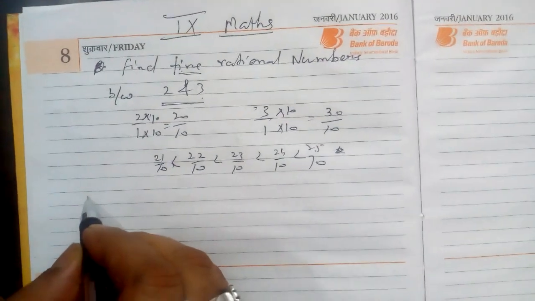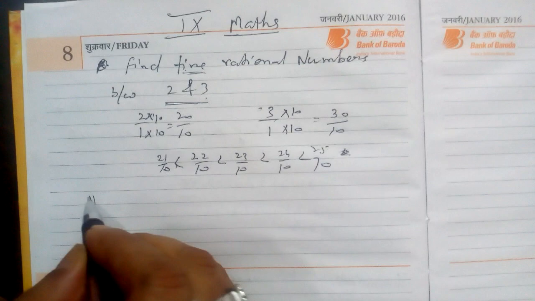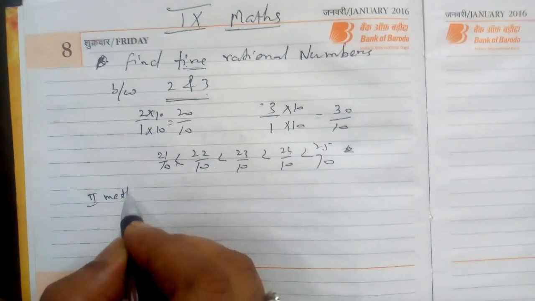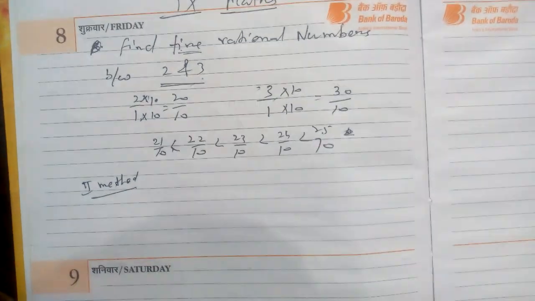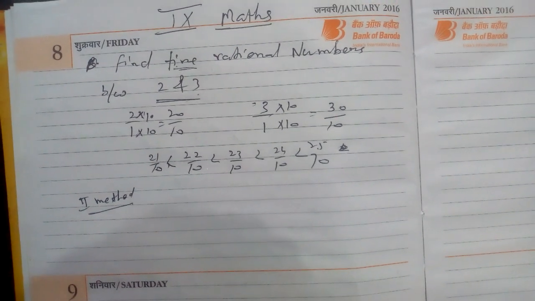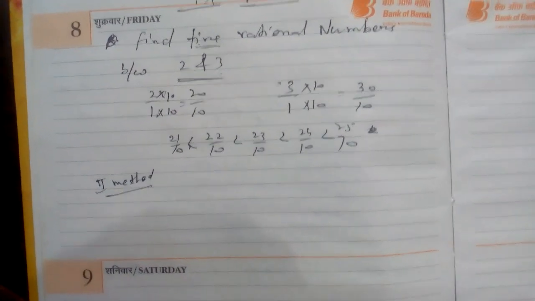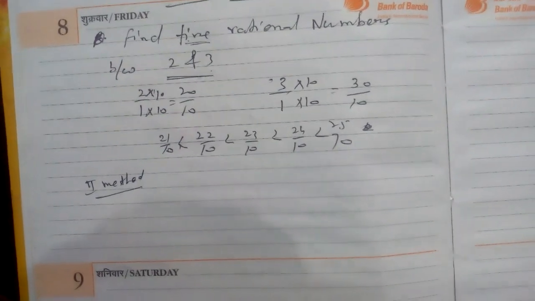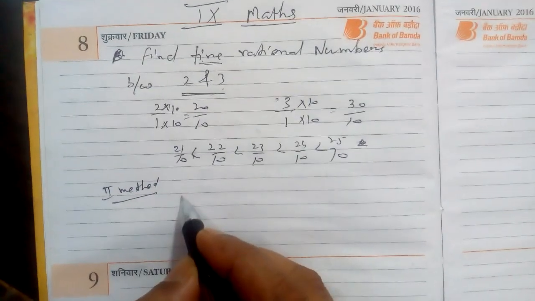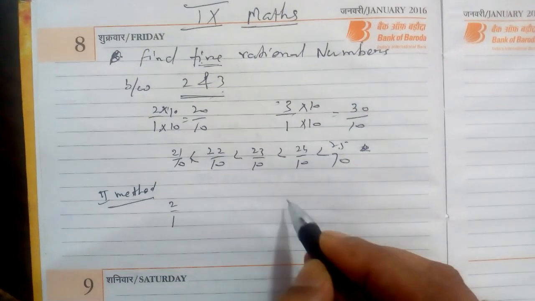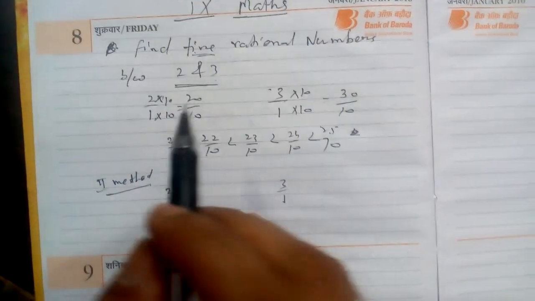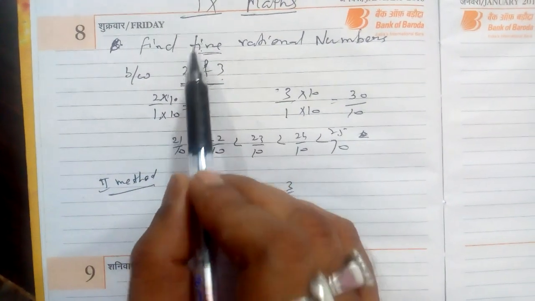But the second method is what? You can get the exact number of fractions between 2 and 3 because they are consecutive, continuous numbers. So when you take 2 by 1 and 3 by 1, you see here 5 is asked.